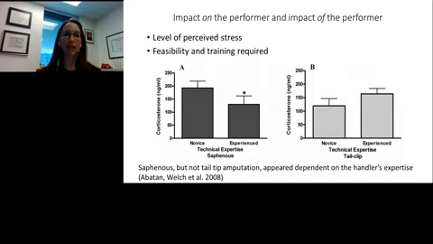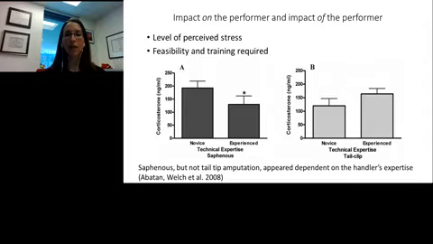On the flip side, the skill of the performer can also impact the success of the phlebotomy method differentially based on method. What I mean by that, I'll show you an example here. There are several reports like this in the literature, but this paper by Abaten et al. compared the impact of the expertise of the performer on plasma corticosterone response using two different methods. They looked at saphenous venipuncture and tail tip amputation.